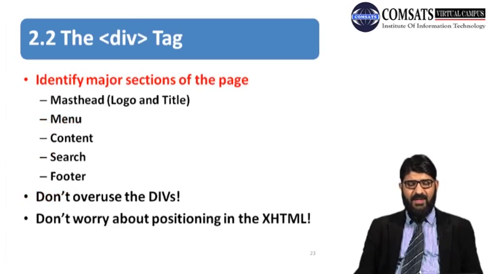Now, what are the major sections of a web page? For any web page, these are the major sections. The top of the page contains the masthead that will contain the logo and title of the web page, and then there will be a menu used for navigational purposes.